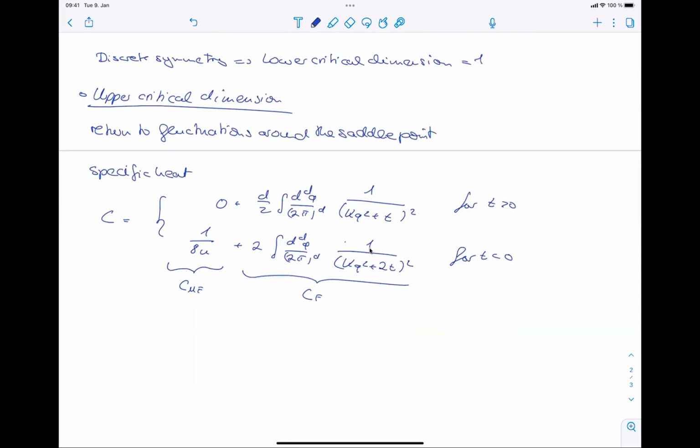Because what we actually have here is that we're integrating over a d-dimensional space, so we can rearrange this integral in polar coordinates to write this as integrating over dq q^(d-1), 1 over k q squared plus t squared.